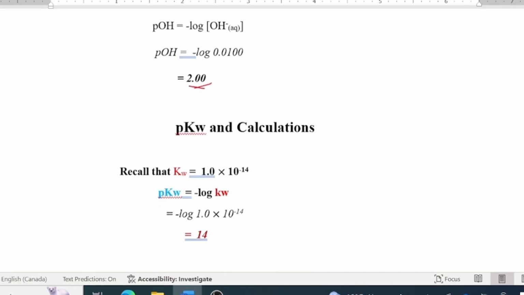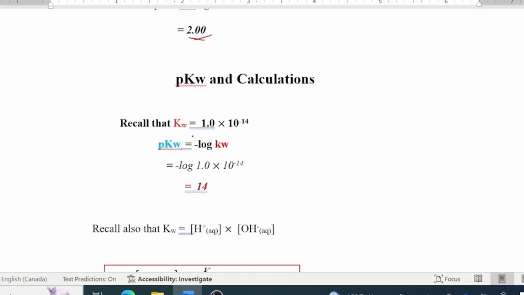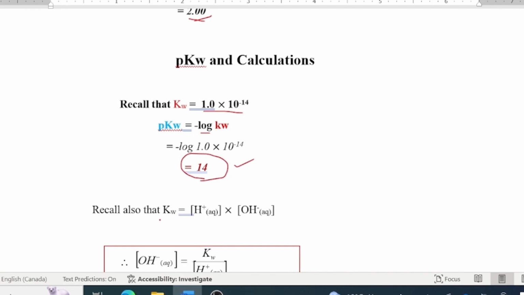pKw and calculations. We know that Kw is equal to 1 times 10 to the negative 14. So if you take the negative log of this, you will get a value of 14. So pKw is equal to the negative log of Kw, and that is equal to 14. But we also know that Kw is equal to H plus times OH.